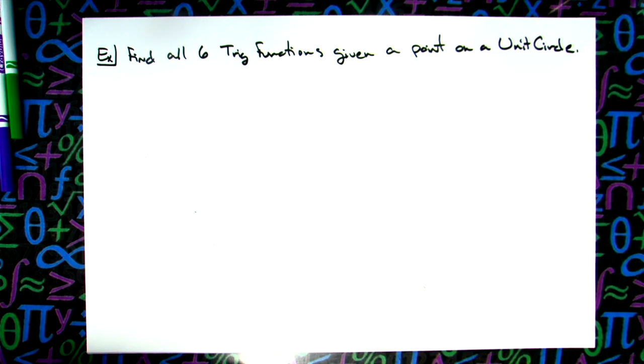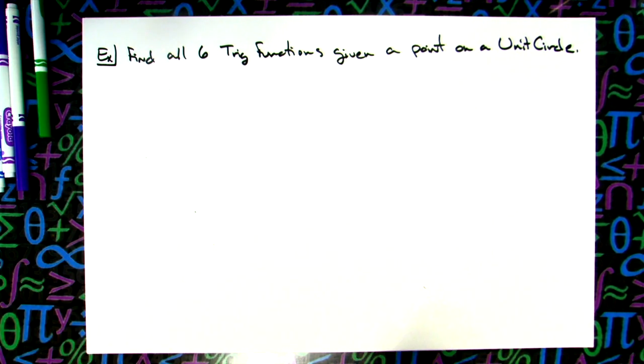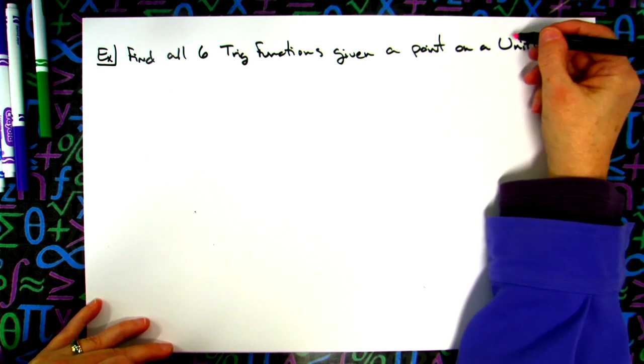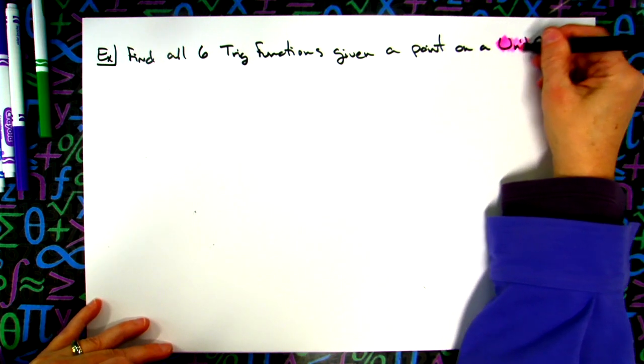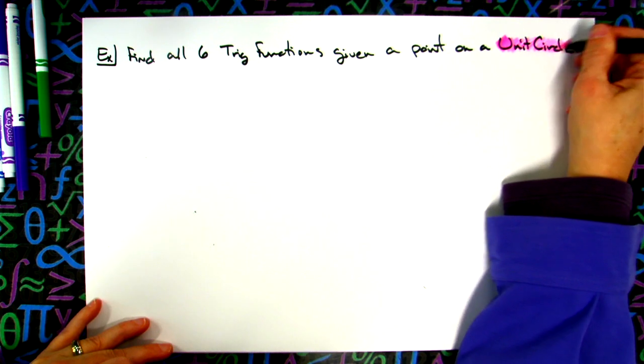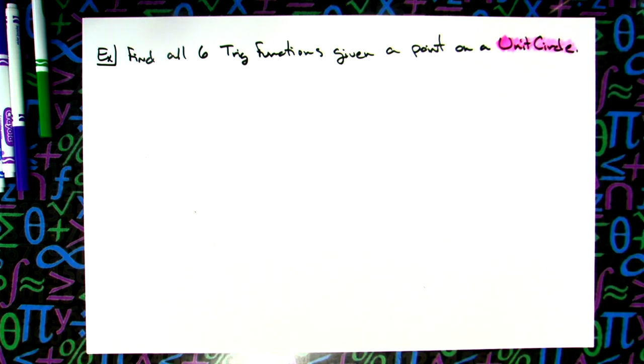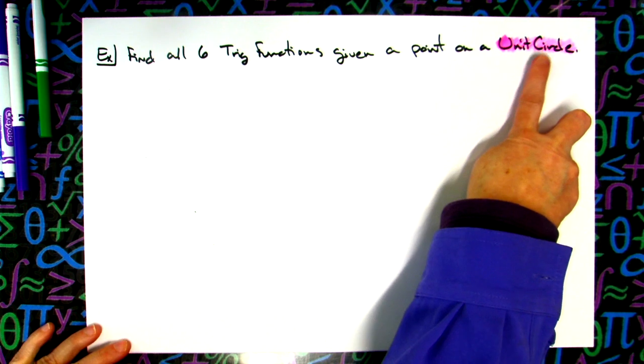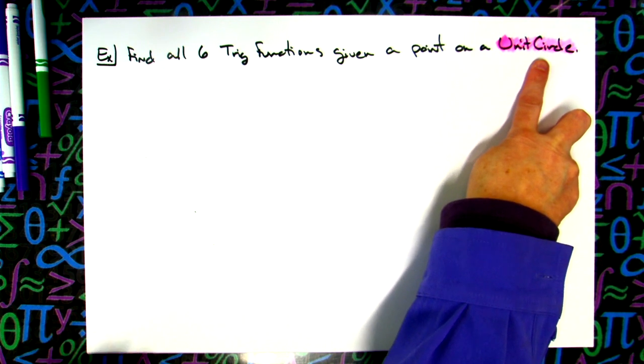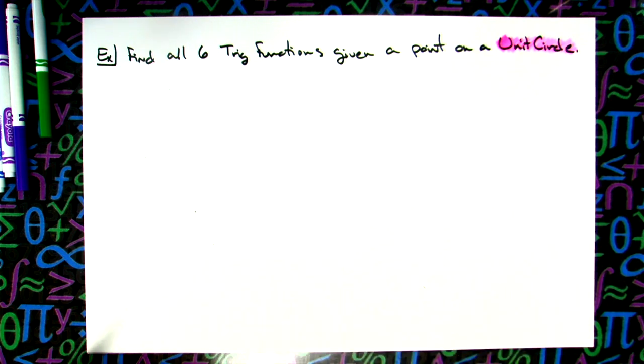The key here is the fact that I'm telling you it's on a unit circle. A little bit later on, we're going to switch our circles up, and maybe it'll be a circle with radius of 2 or a circle with radius of 5. So it's not going to say a point on a unit circle. It'll say a point on a circle with radius 6.